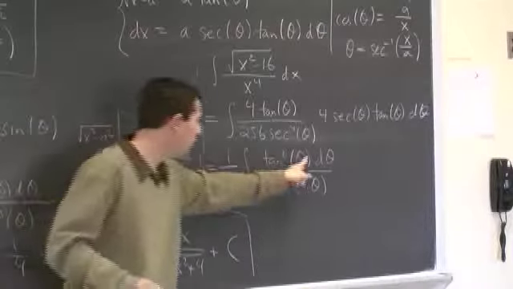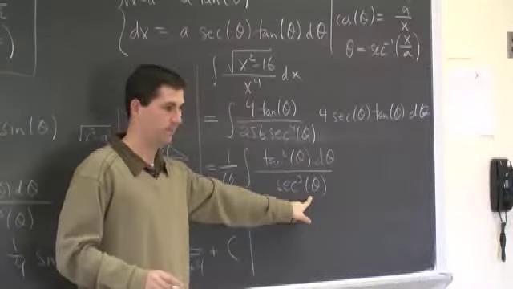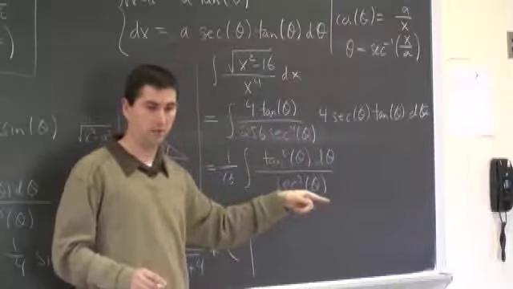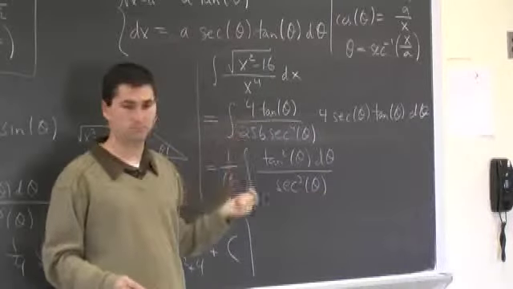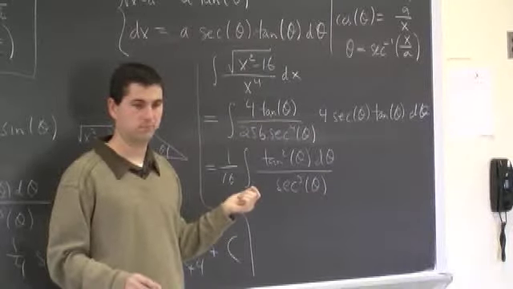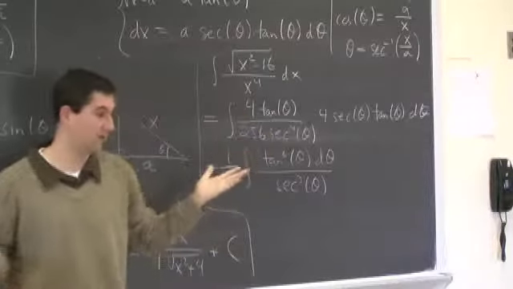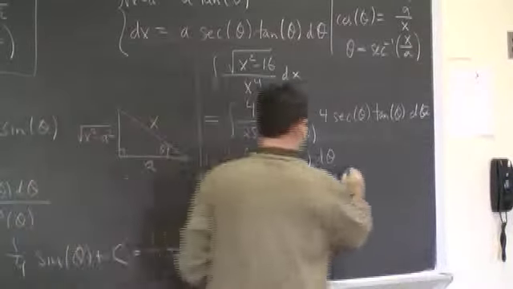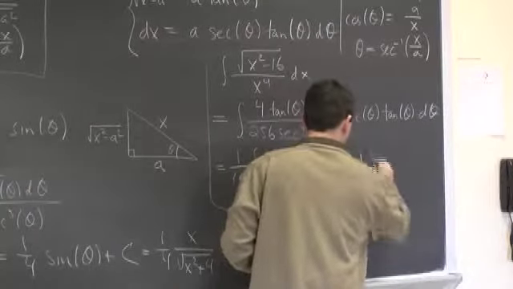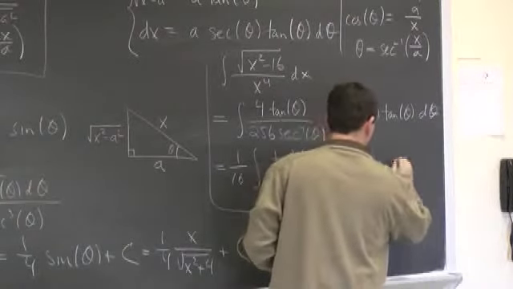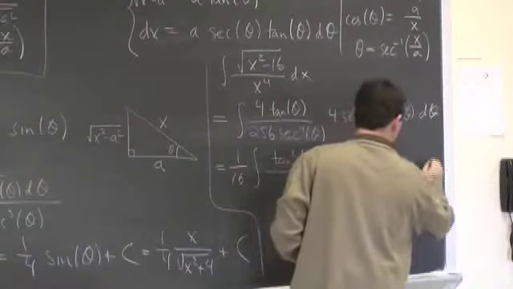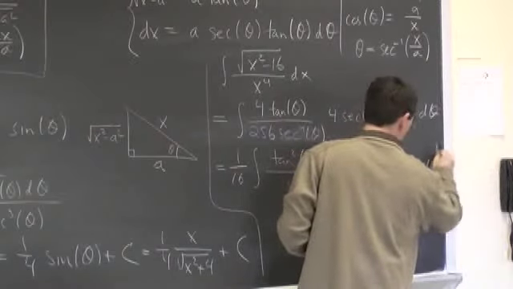And then you have 1 more secant on the bottom. 1 over secant is cosine, right? So this is actually 1 over 16 times the integral of sine squared theta times cosine of theta d theta.